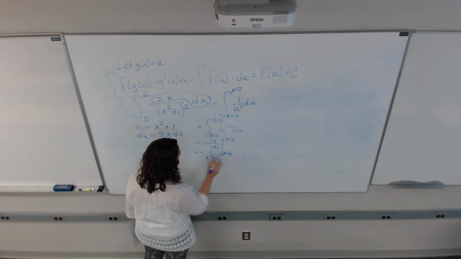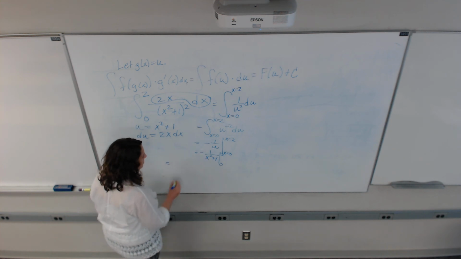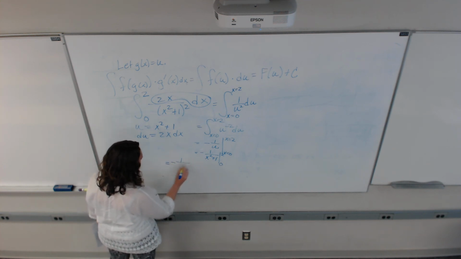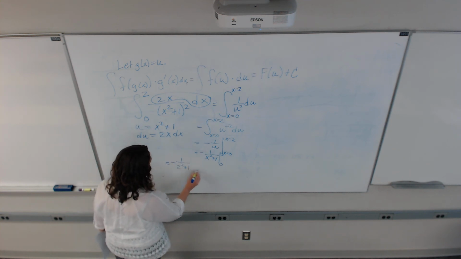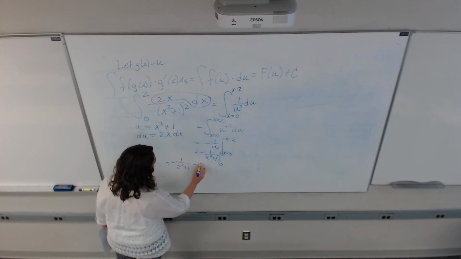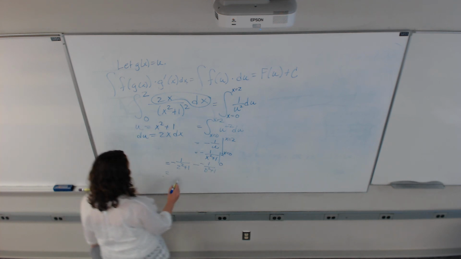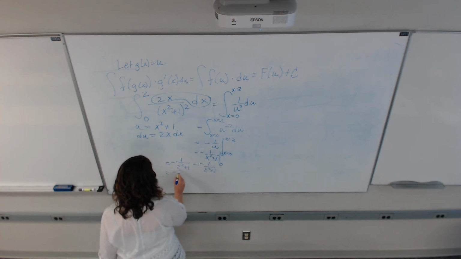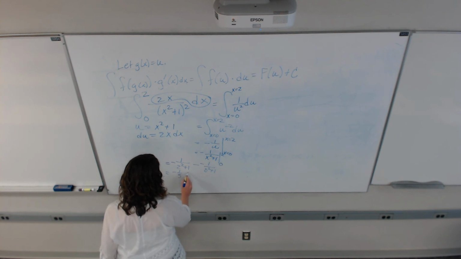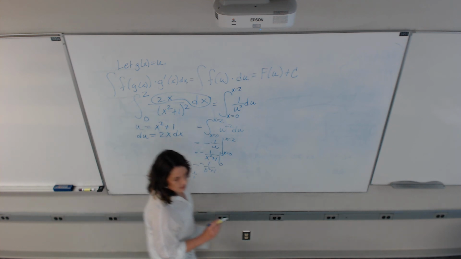So from 0 to 2, which gives me, plug in 2 first, negative 1 over 2 squared plus 1, minus the formula with 0, negative 1 over 0 squared plus 1. I'm getting negative 1/5 plus 1. Is that what you were getting? 1 over 1? Which gives me 4/5. Is that what you guys got?